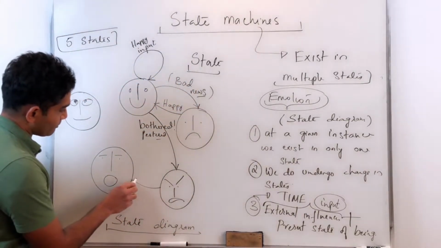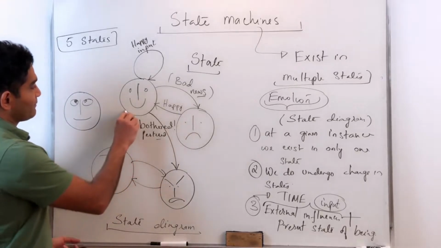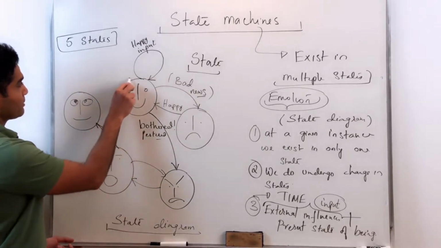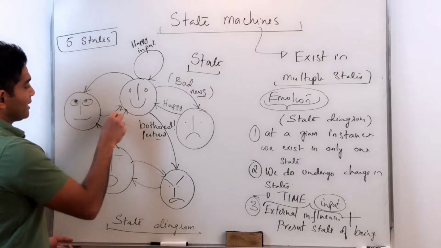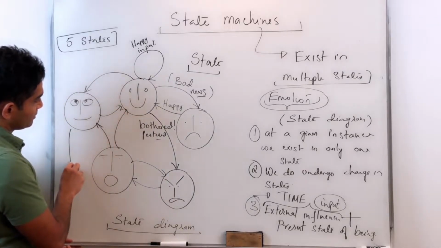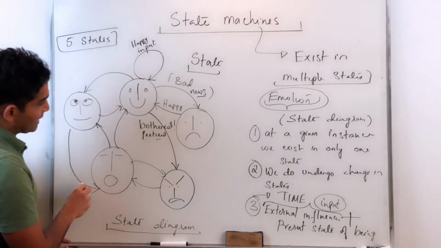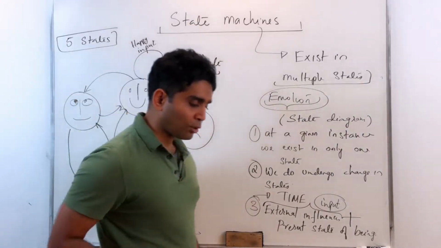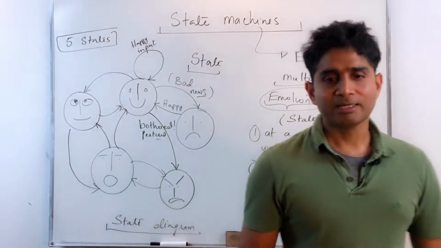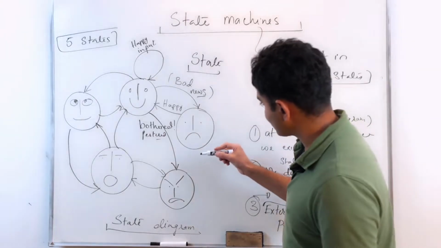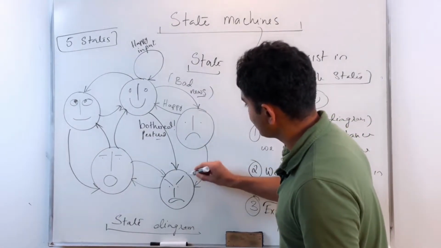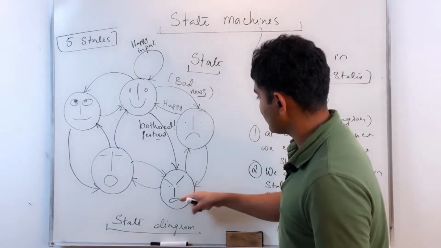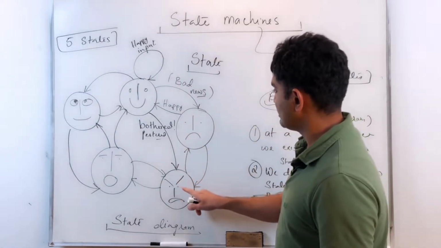So if I want to complete this, I have different external influences, and I have to complete this diagram so that I exhaust all the external influences on each state and draw the state transitions accordingly. Okay, so something that takes me back from here to here, and so on and so forth.